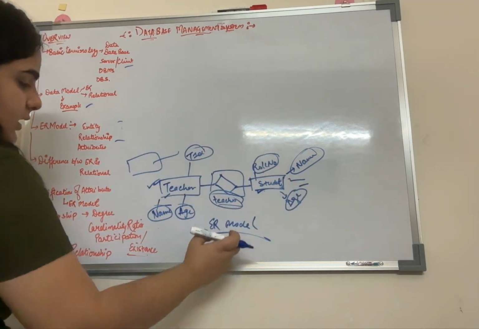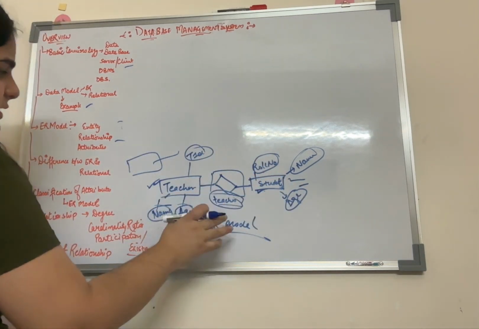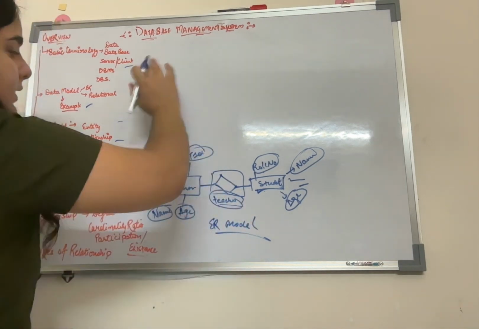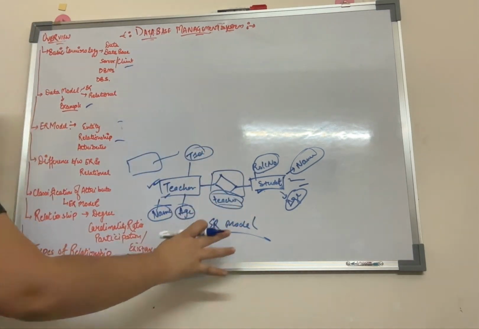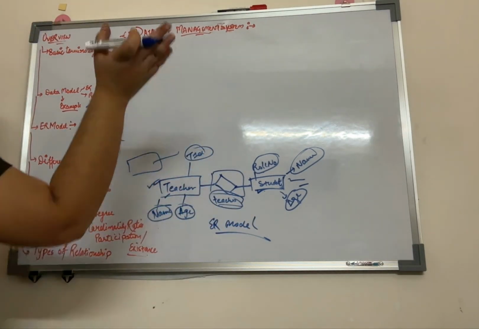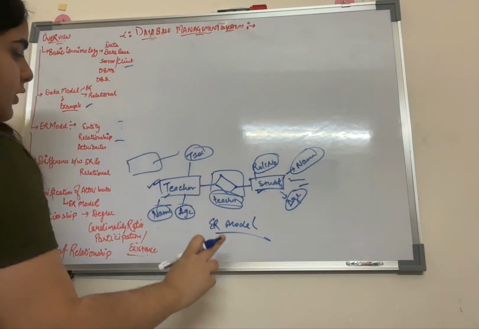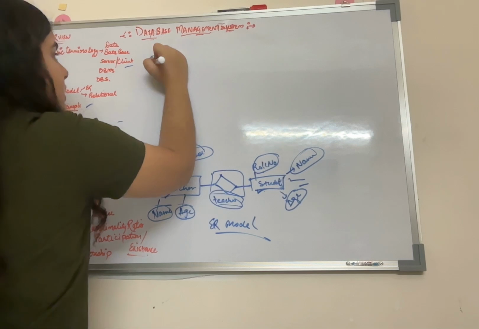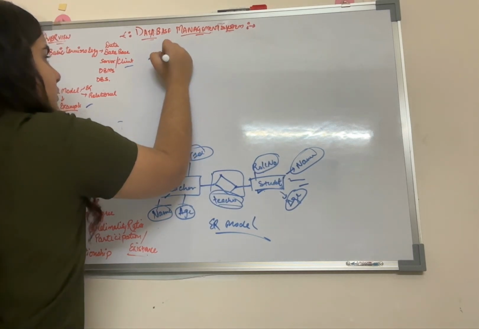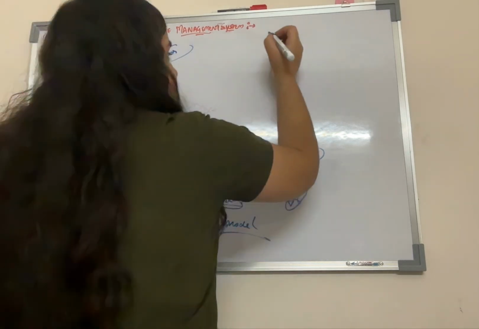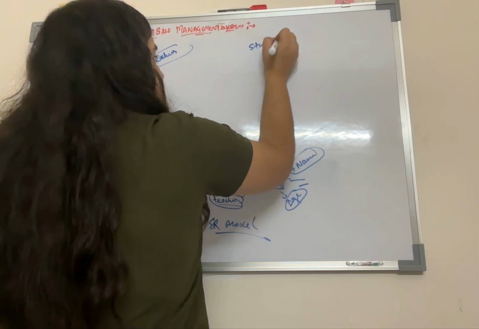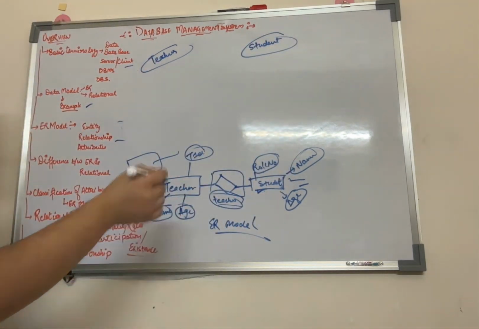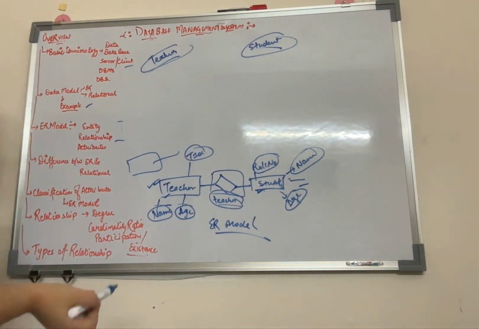So if there are three entities or objects, then three tables will be there. Whenever you are asked to convert ER model to relational model, the first thing you need to do is take these two objects and make a table. Teacher, please forgive me for my writing, and student. So these two tables will be there in our relational model.